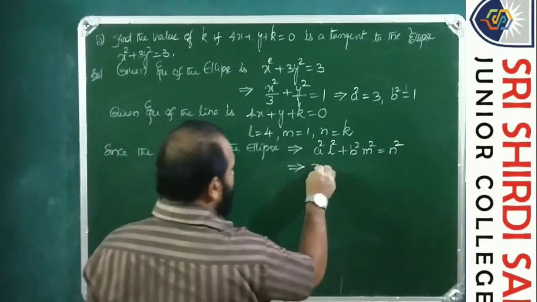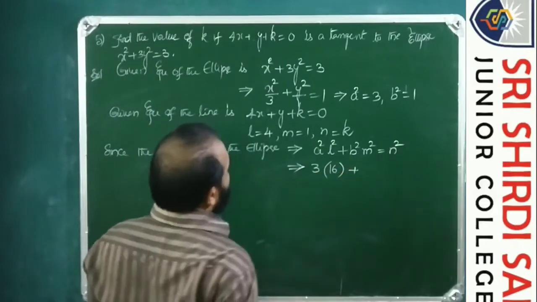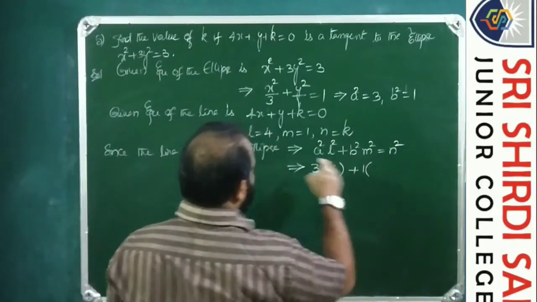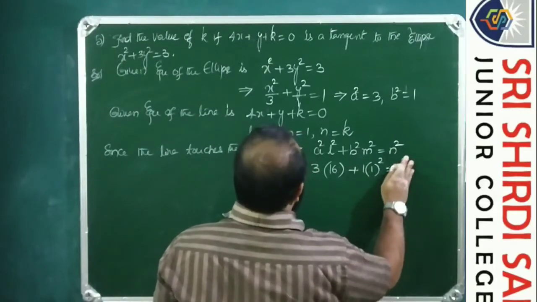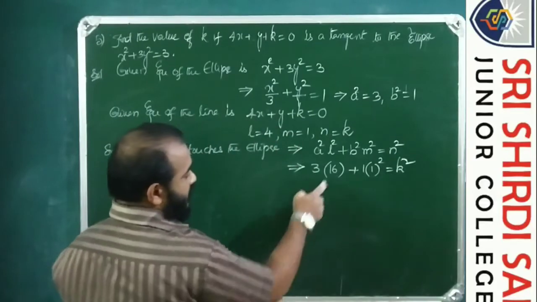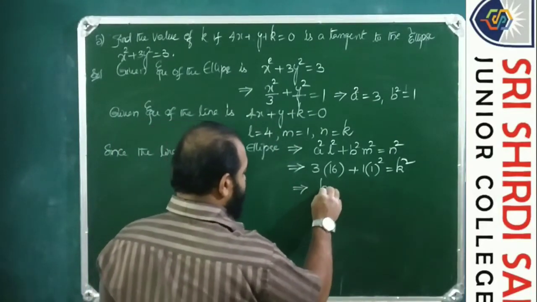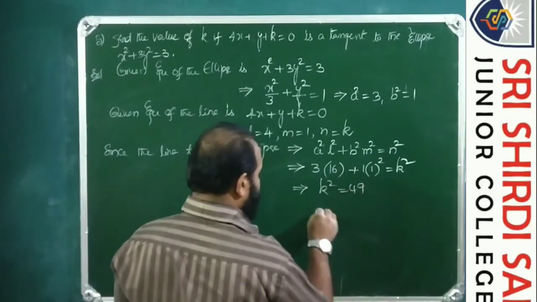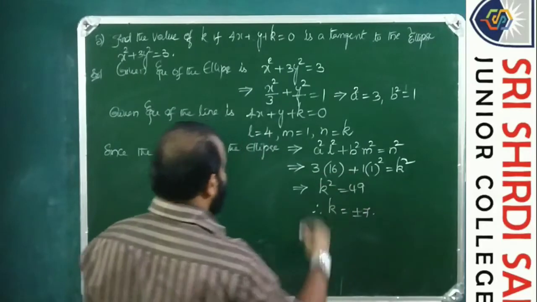So 3 into L square, 4 square is 16, plus b square is 1 into m square is 5 square, equals to n square, here k square. So 3 16s are 48 plus 25 is 73. So k square equals to 49. Therefore k is equals to plus or minus 7.